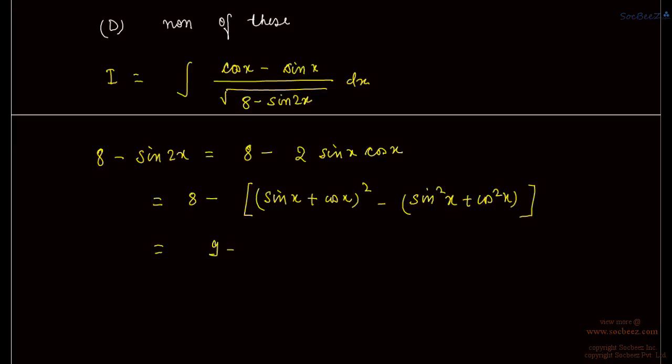Which is further written as 9 minus (sin x plus cos x) square. So 8 minus sin 2x can be written as 9 minus (sin x plus cos x) whole square.